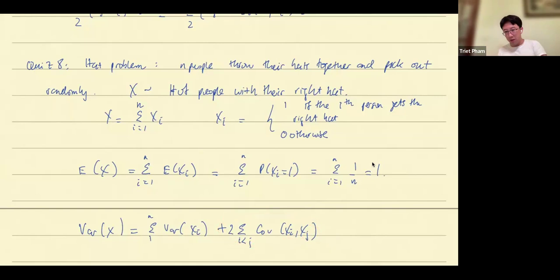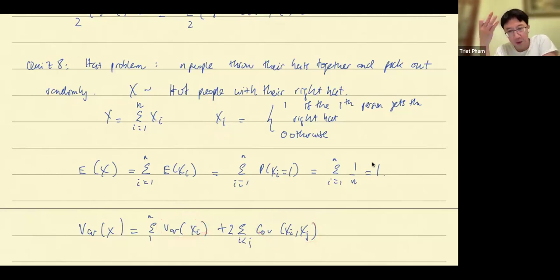But on the other hand, it's clear that the outcome of a person in the hat problem is identical in distribution to another person. So the x_i's here, even though they're not independent, are identically distributed, which would imply that the variances are the same.